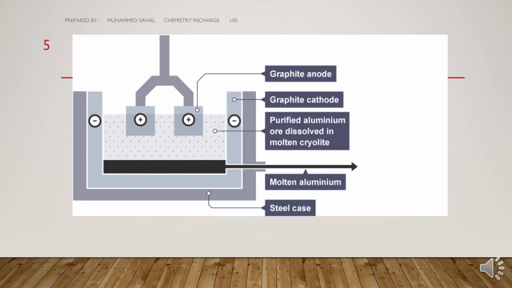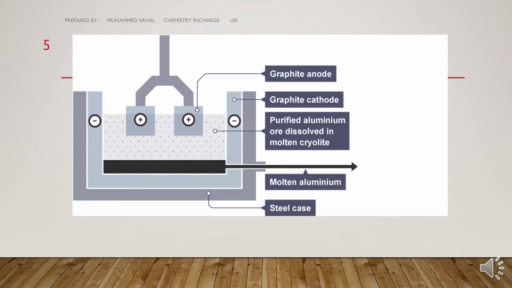This is the Hall-Héroult cell that is used in industry to extract aluminum by electrolysis. In the given diagram, you can notice there are two electrodes made of graphite. Then a tank lined with graphite acts as the cathode.